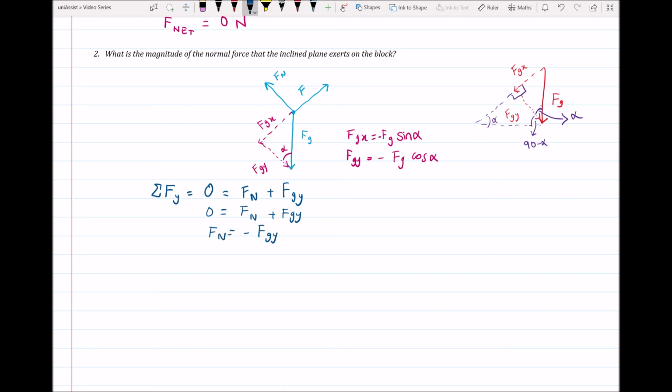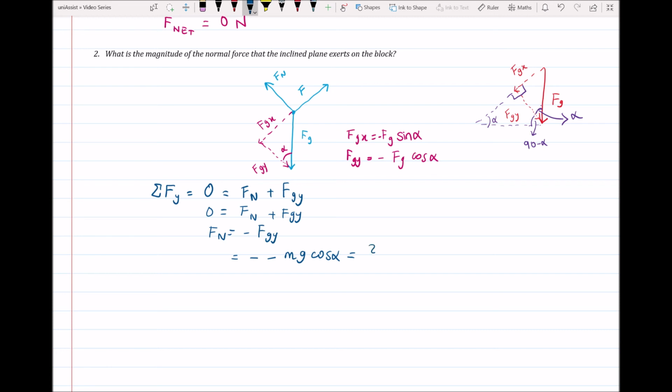Now, that equals negative, so we've defined Fg up here, which is mg, my gravitational force, multiplied by cosine alpha. I'd like to keep all my significant figures before doing my final answer, because rounding up before that decreases your accuracy normally.